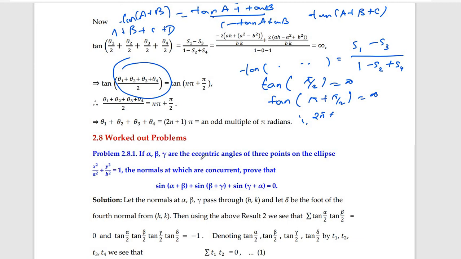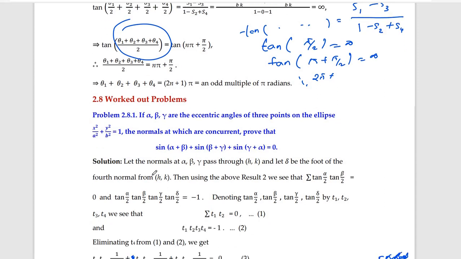So we shall consider the normals at these points passing through h, k. Actually 4 normals we can draw, so we shall take the fourth one to have eccentric angle delta.